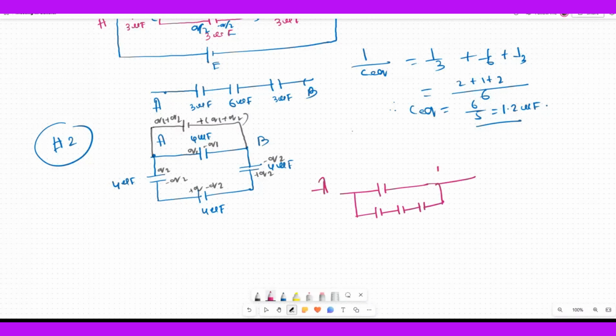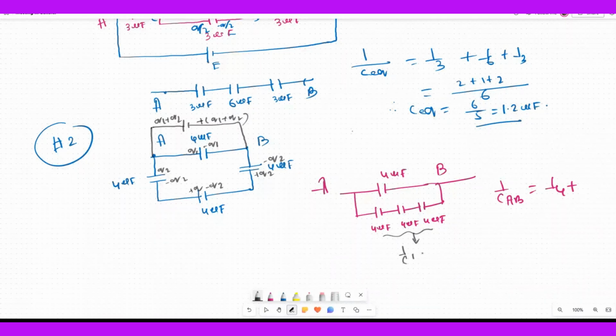So between 2 points, there is 4 mu f this way. Here it is 4 mu f, 4 mu f, and again 4 mu f. So equivalent capacitance, 1 by CAB, will be what? That is 1 by 4 plus, what is the equivalent capacitance of these three?